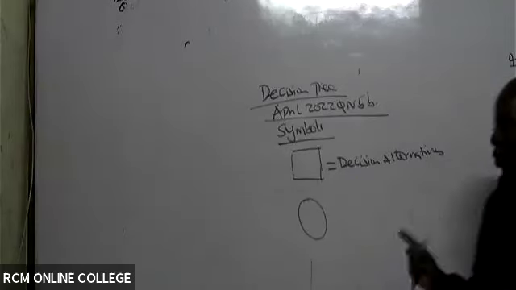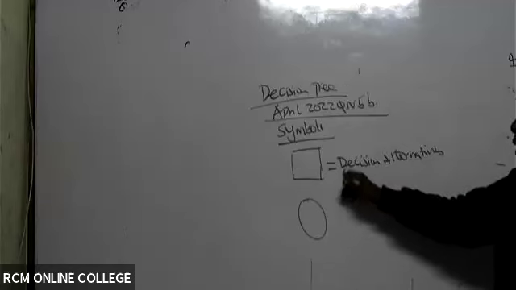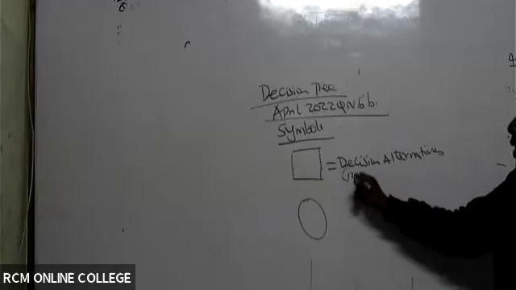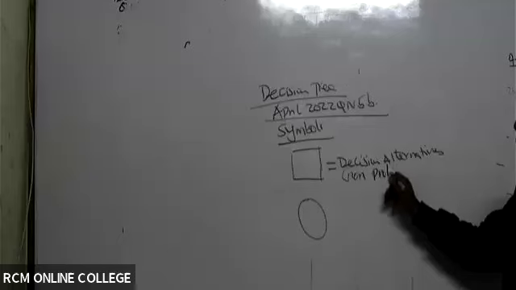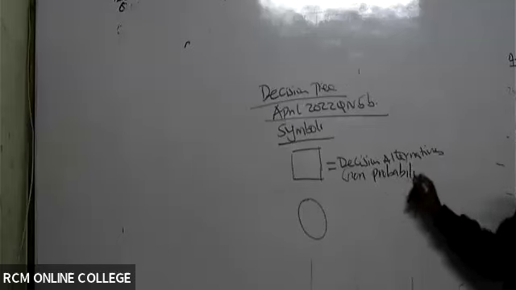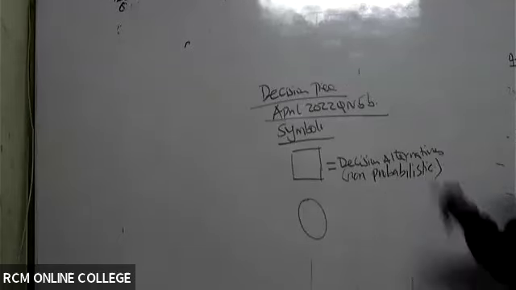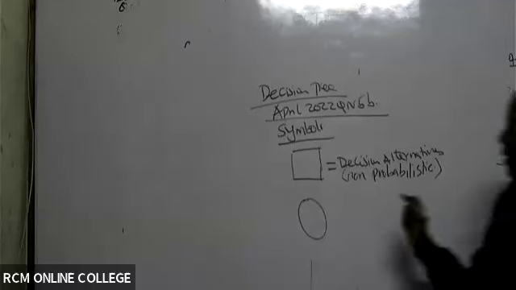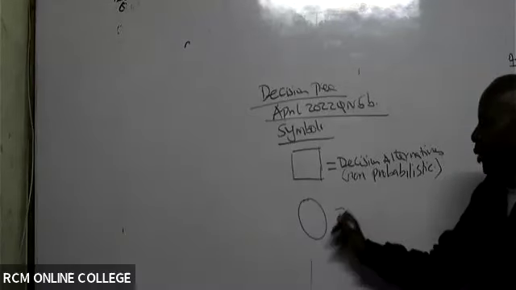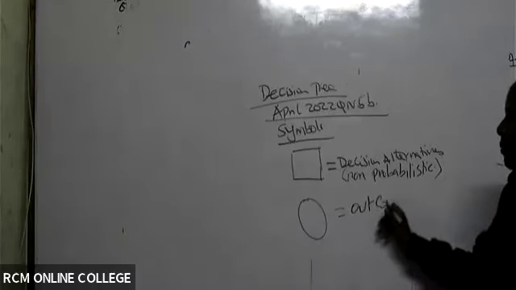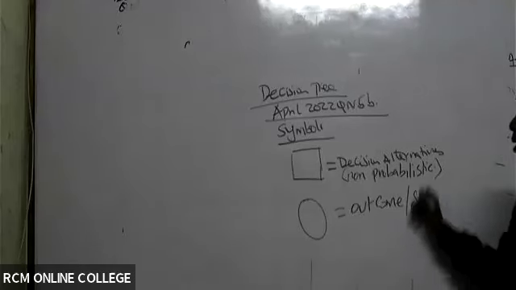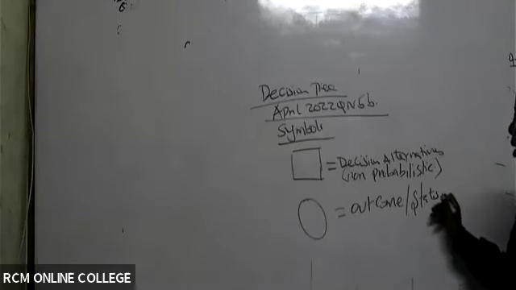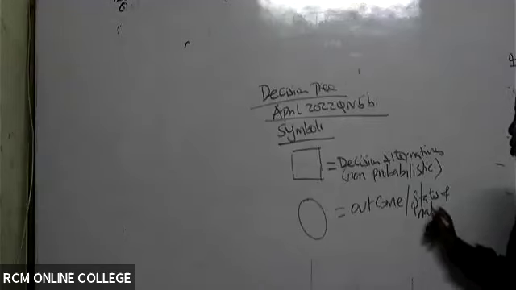These are decision alternatives, and normally they are non-probabilistic. And then, of course, the circle is an outcome node, or states of nature node.